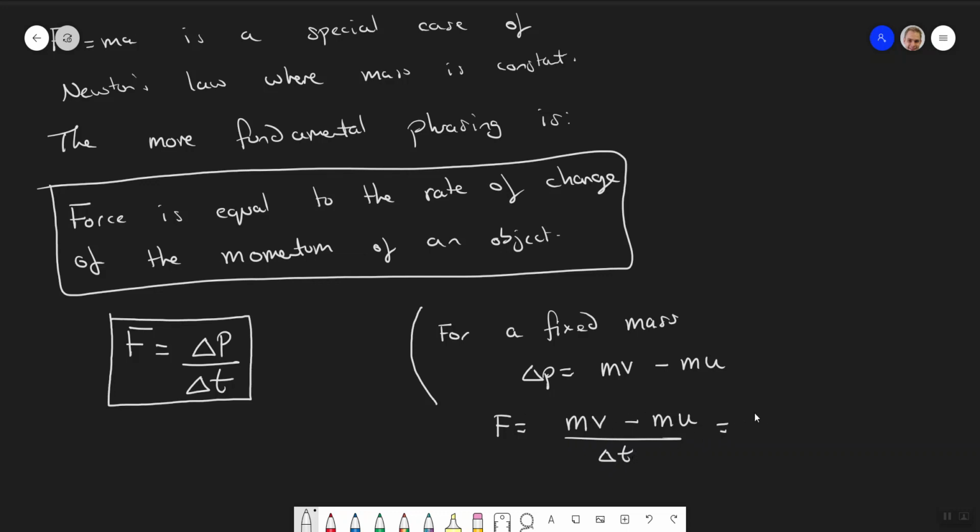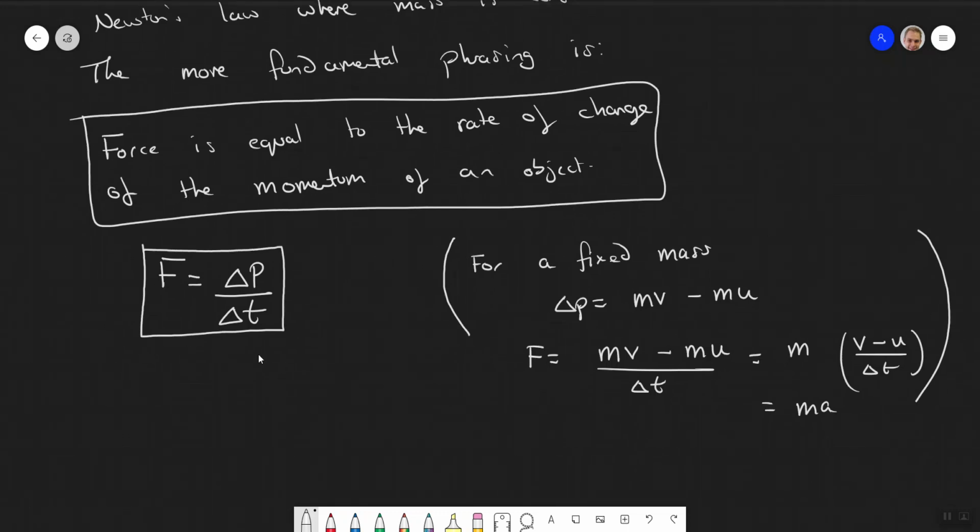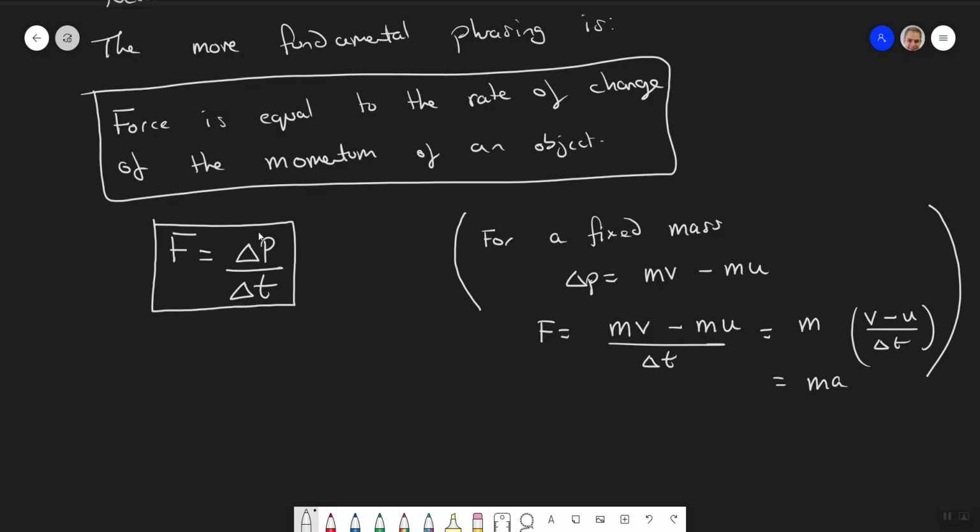That equals m times (v minus u) over change in time, which is just ma. So the two do equate. It's the same way of stating it, but this is the fundamental one, because what is always conserved is momentum, whereas mass may not be. If mass is fixed, F equals ma is perfectly fine. If mass is not fixed, you need to use F equals change in momentum over change in time.